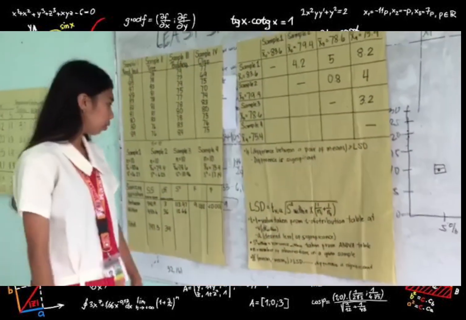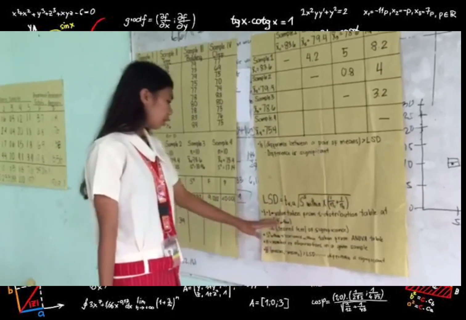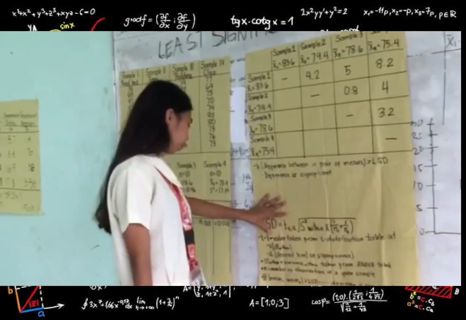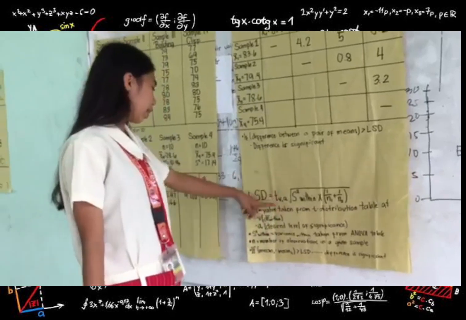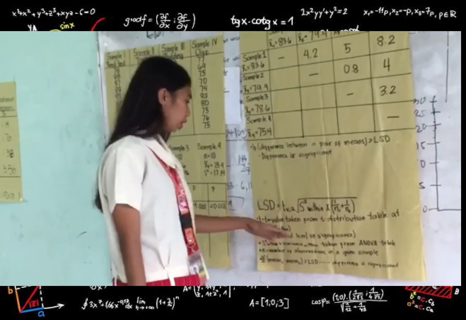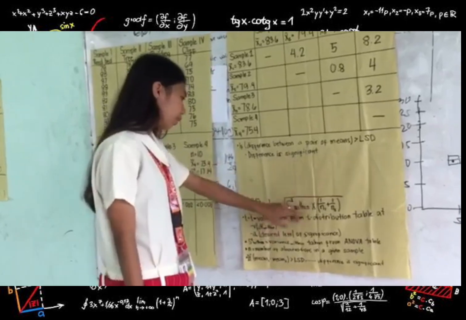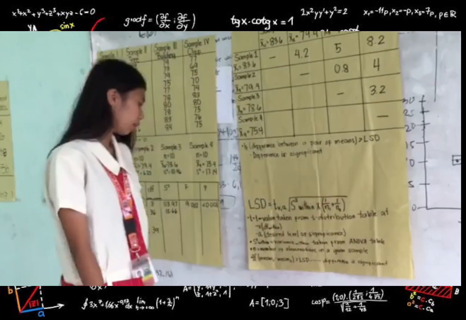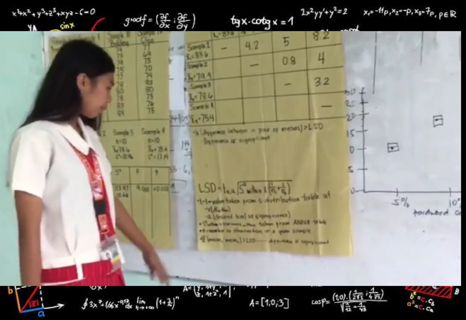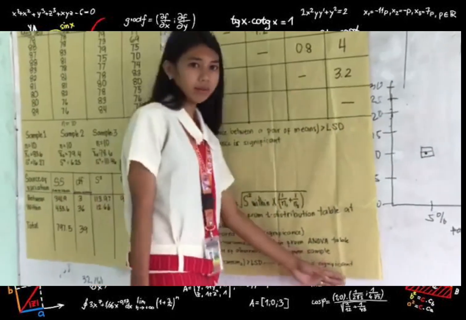So, we have to go to the formula of the least significant difference, which involves the t value, the degrees of freedom within, and the alpha level of significance, times the square root of S squared within multiplied by the number of observations in a given sample. If mean 1 minus mean 2 is greater than LSD, the difference is significant.